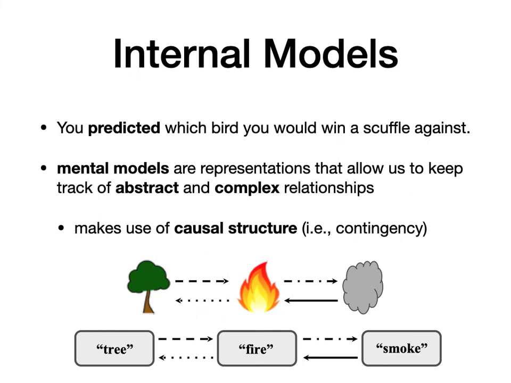Fire leads to smoke. And so on. There's relationships between all of these. We know that fire can burn tree. Tree can fuel fire. Smoke signifies fire. Fire creates smoke. There's all these little connections between these concepts, these little internal models that give us these relationships that are abstract. You don't necessarily have to see them in the environment.